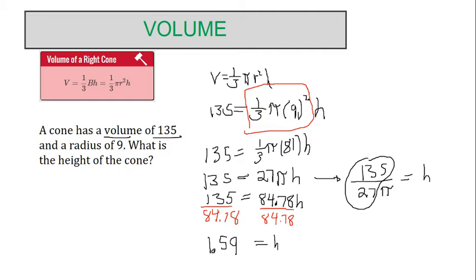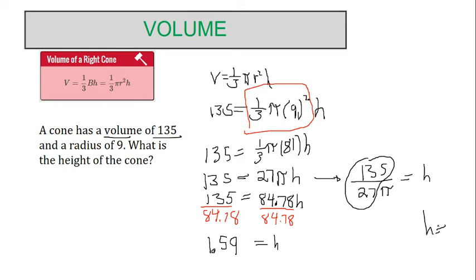In fact, they share a common factor of 27. So 27 does go into 135 exactly 5 times. So when I did 135 divided by this, I was left with 5 in the numerator. This would be like 5 over 1.